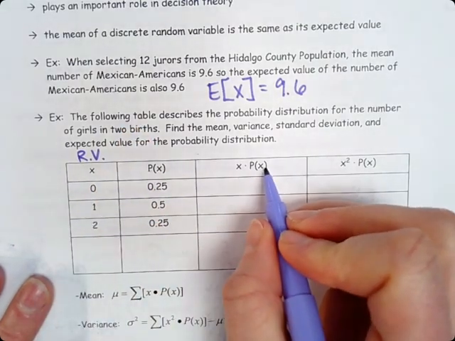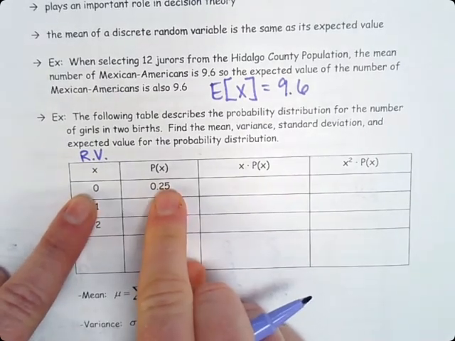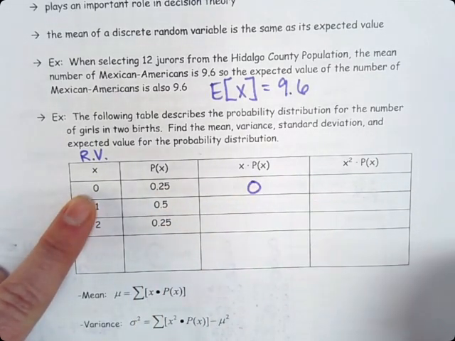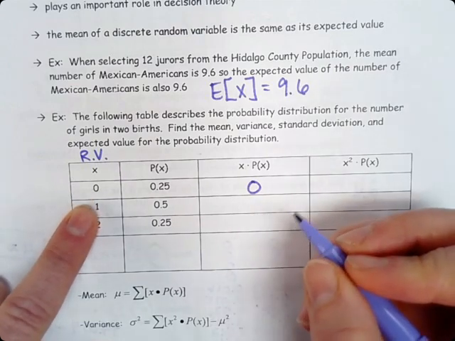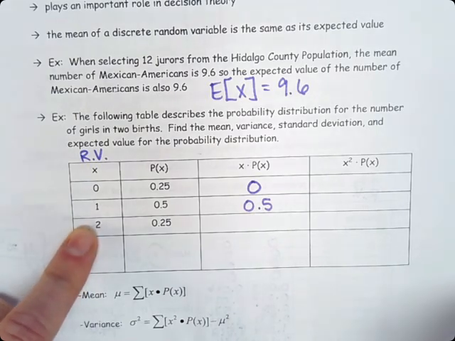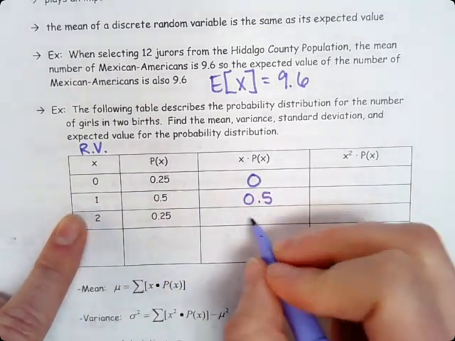So let's find X times P of X. So we multiply 0 times 0.25. It's going to be 0. X times P of X would be 1 times half, which would be half. And then 2 times a quarter, which would be half.